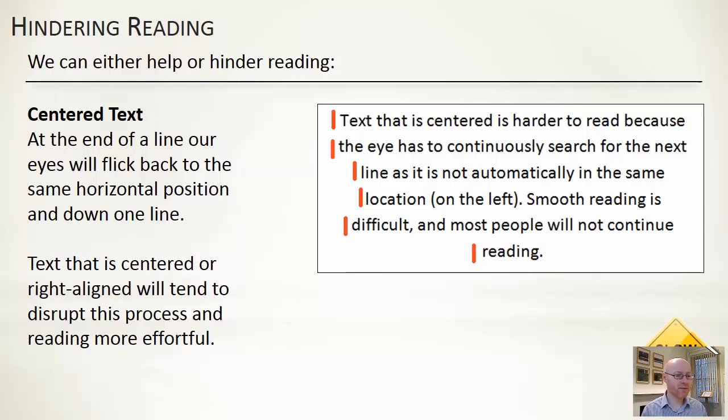So text that is aligned to the left, or fully justified, either one, supports this scanning notion of getting to the end and jumping back to a consistent point. Text that is right aligned is, for us in the West, more difficult to scan, and text that is centered is again generally more difficult to scan.